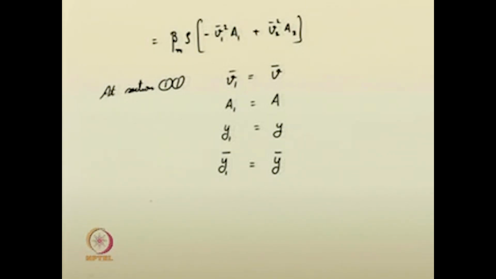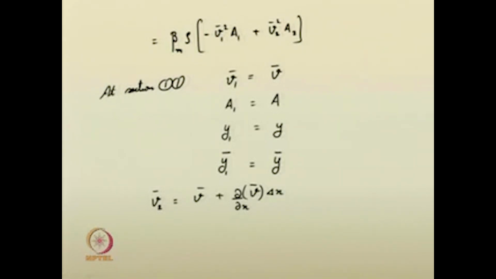You will see that V 2 bar is nothing but V 1 bar plus dou by dou x of V bar into del x.